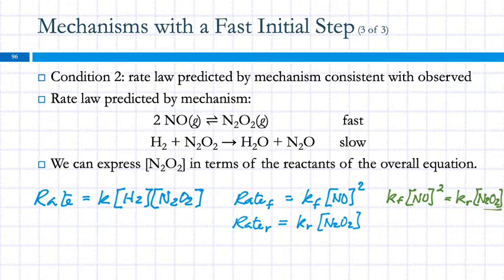I'm just going to divide both sides by Kr. The Krs cancel out. Yes? Why would we set them equal to each other? That's an excellent question. Because this is an equilibrium. The rate of the forward reaction is equal to the rate of the reverse reaction.